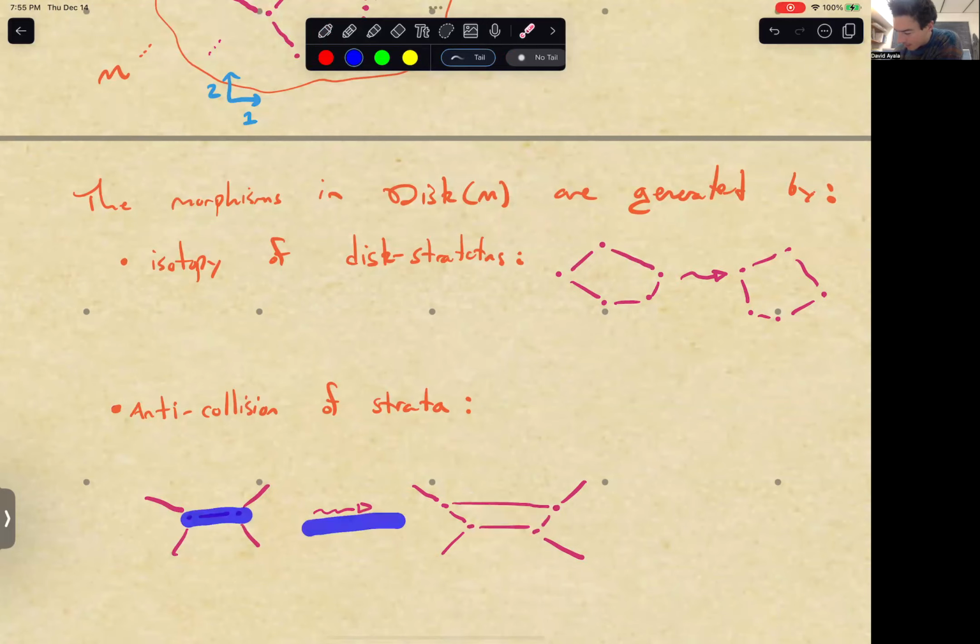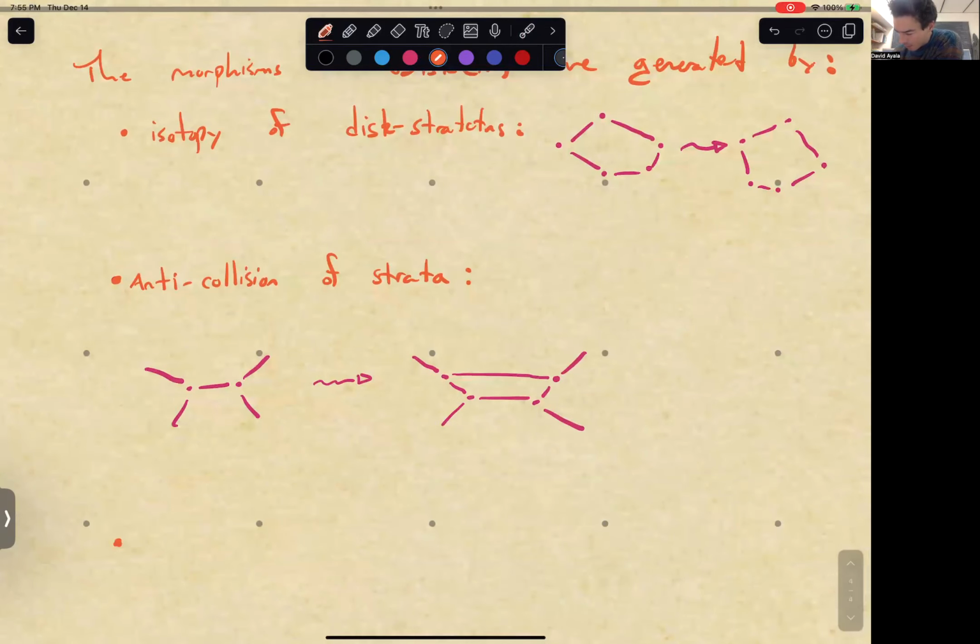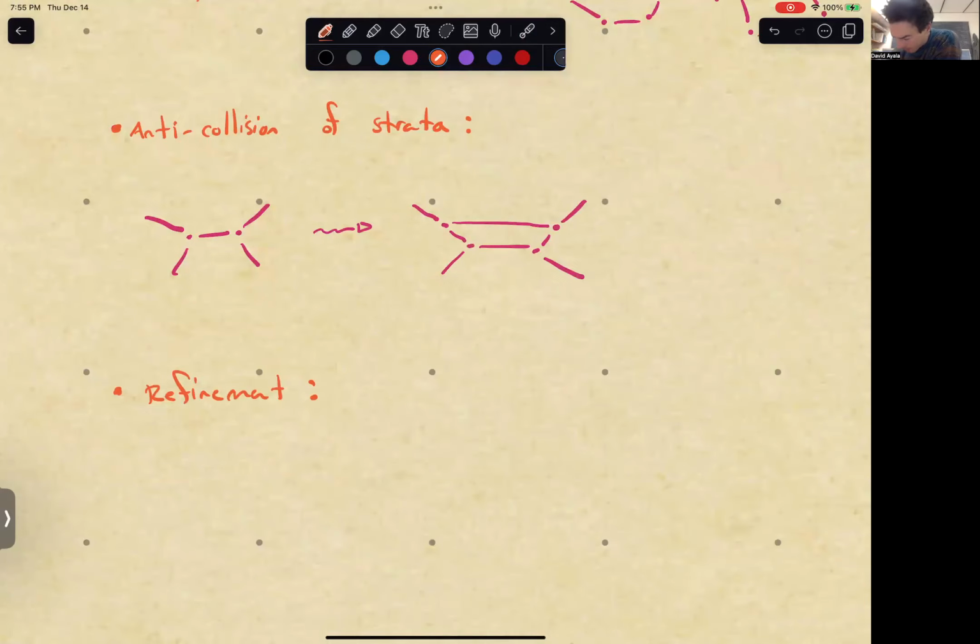So a forward morphism is an anti-collision. And the last type of move is a refinement.